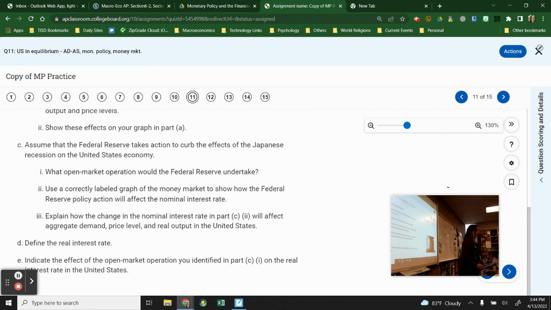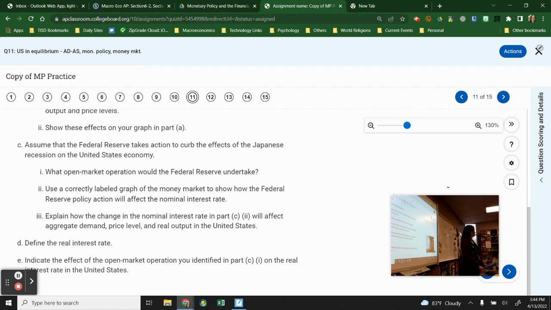If that's an answer choice, you put it. The only question that has that as an answer choice is the question asking about that. Why is money demand downward sloping? Because of asset demand and transaction demand.